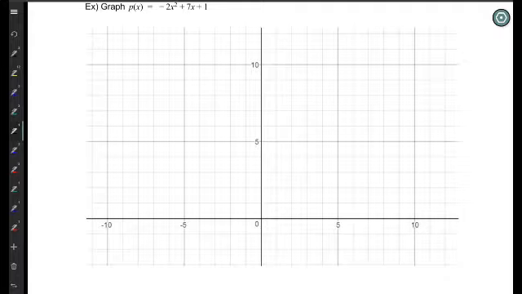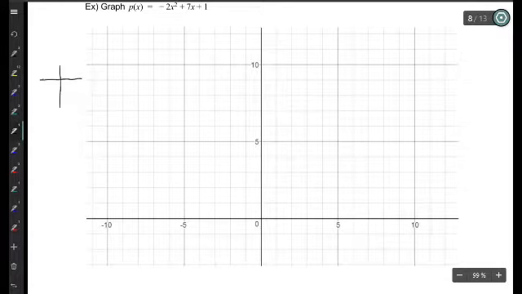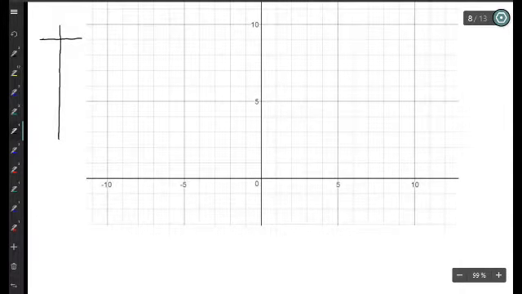If you were to type it into your calculator, generate a chart, then you would get, let's say if we start at negative 2, go negative 1, 0, 1, 2, because you generally want at least 5 points for a parabola.